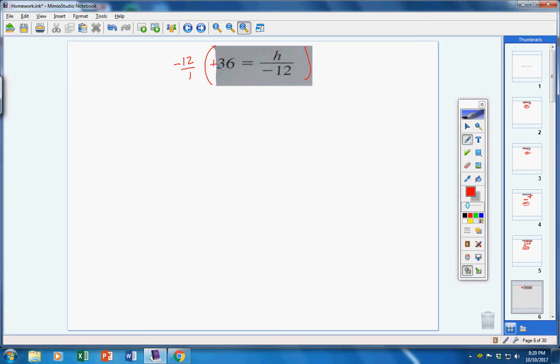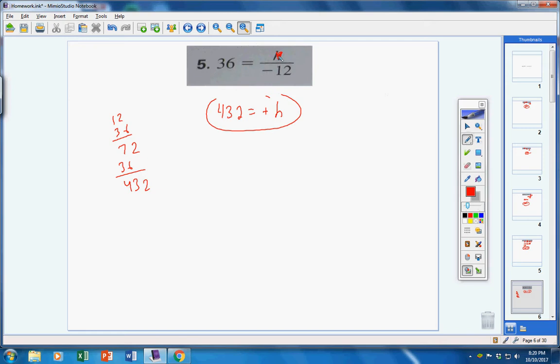Negative times the positive is negative. 12 times 36 is 432, and negative times a negative is positive. 12 over 1 times a number 12. Your 12's cancel, leaving you with h, and so there's the answer. H equals 432.